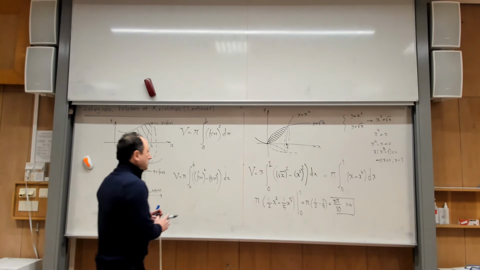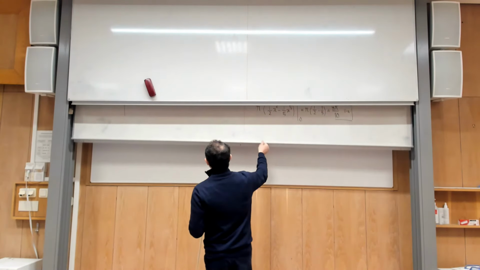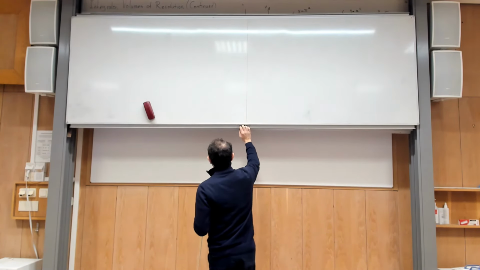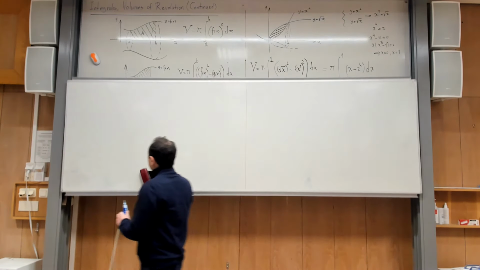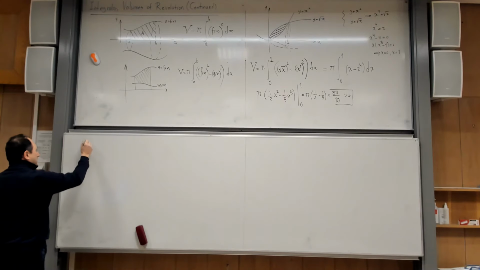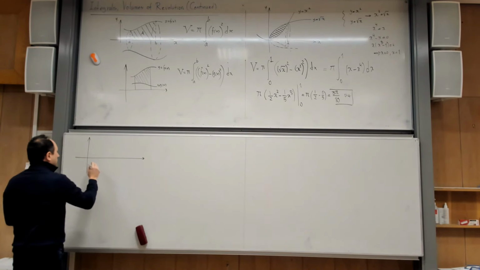Okay, so now let me solve the problem that I told you to do. That's also simple, but the integral becomes a little bit more involved. What I'm going to do, the problem was this. I have the sine function.